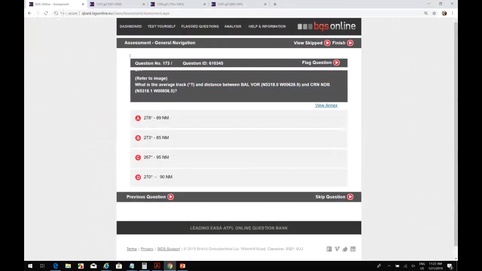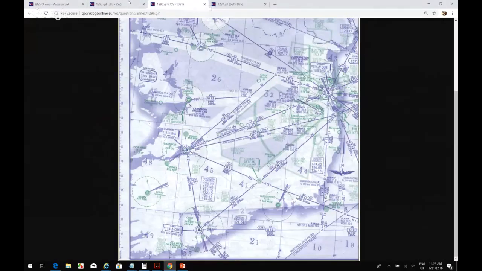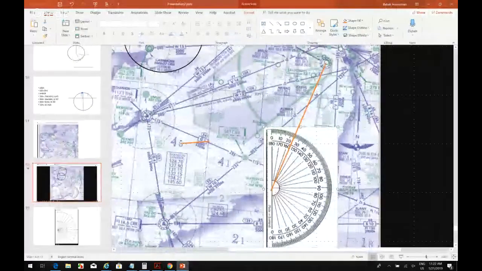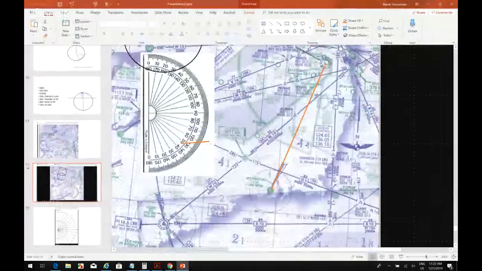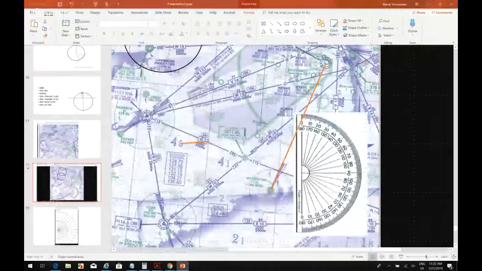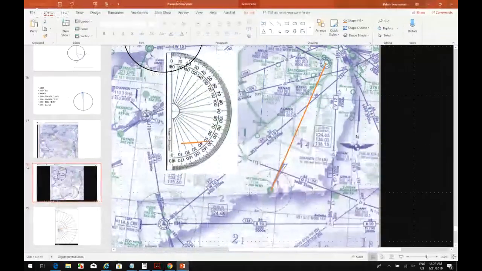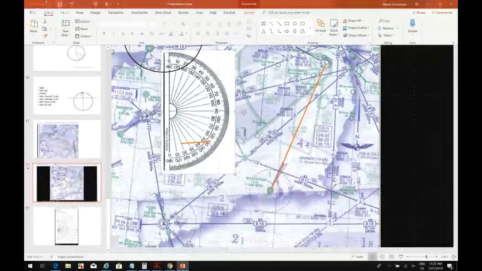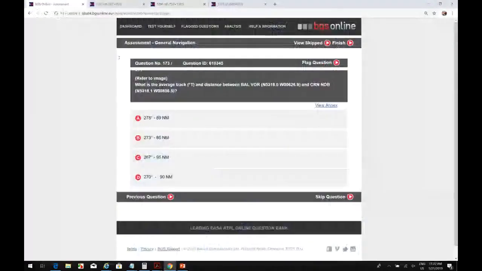What's the average track and distance between Baldonnel and CRN? So Baldonnel is here. The CRN is, if I remember, 5318.1, 856.5.